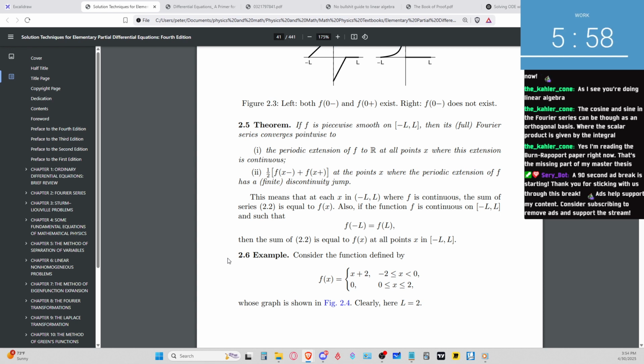This means that at each x in negative L to L where f is continuous, the sum of the series is equal to f of x. Also, if the function f is continuous on negative L to L, such that f of negative L is equal to f of L, then the sum is equal to f of x at all points x in negative L to L.